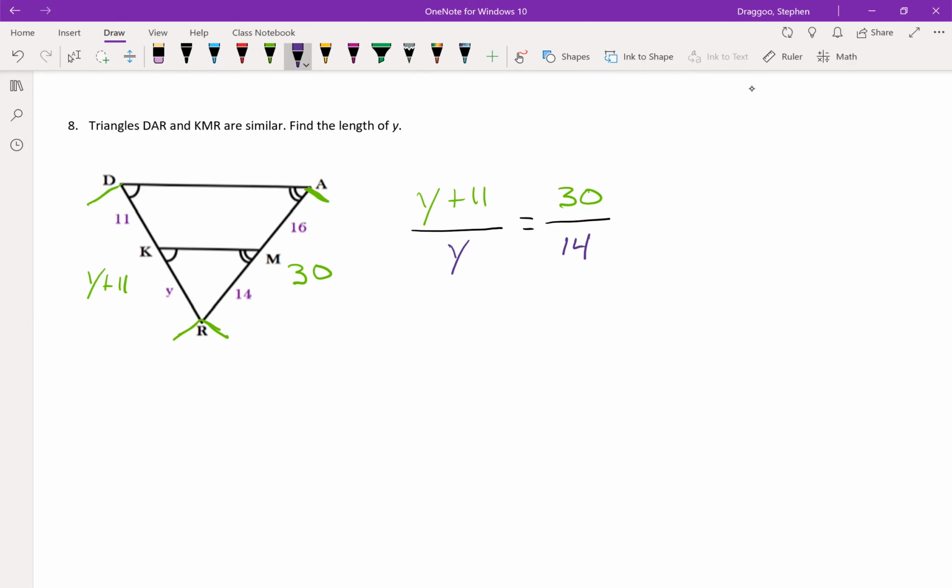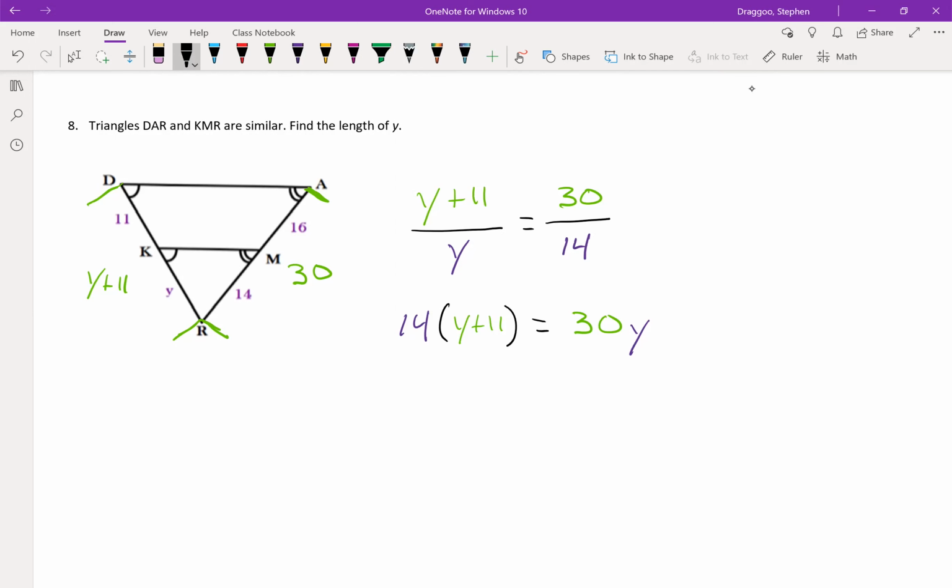But then we'll need to solve this thing for y, which means multiplying some pieces around. I'll have 14 times y plus 11. And on the other side of the equation, that's equal to 30y. And then we'll start looking to solve this thing out.